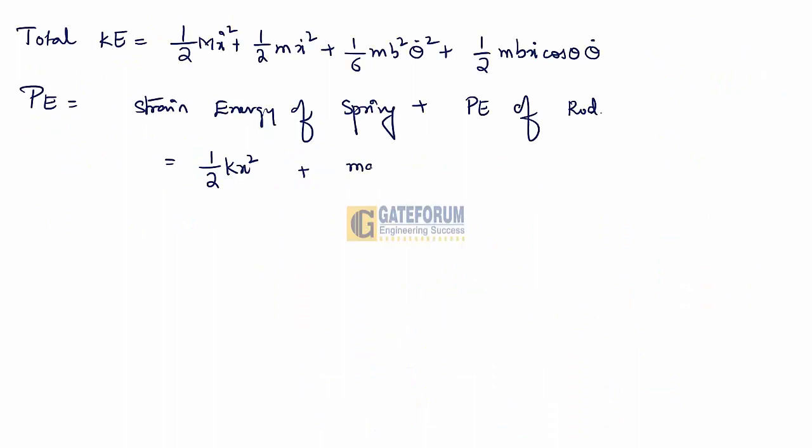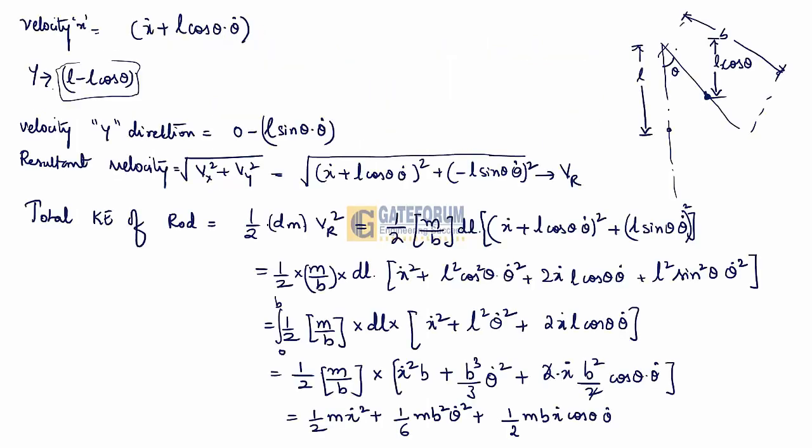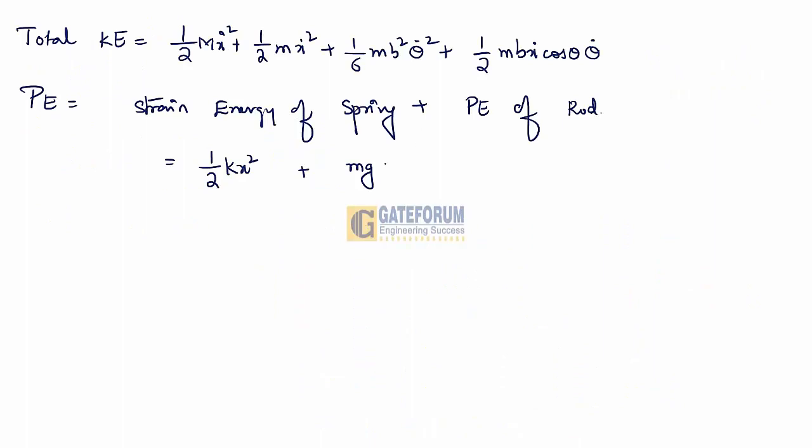So mass m into g into, that is for the length L, but the total length of the rod is equal to B, so here we need to express it in terms of B. So mg into B minus B cos theta, or yes, just a minute. I think here the center of gravity will be concentrated at the center of the rod.